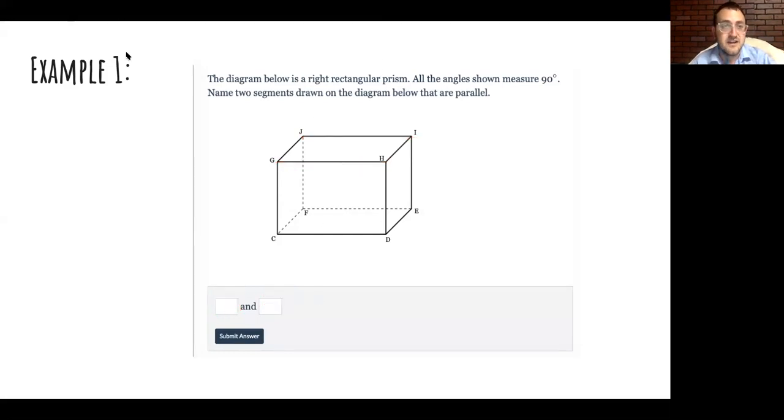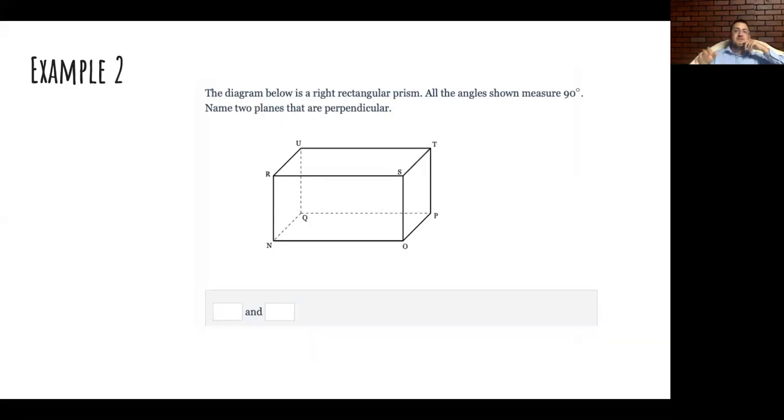All right, example 2. This is a right rectangular prism. All angles are measuring 90 degrees. Name two planes that are perpendicular to each other. Now remember, planes are named with 3 points. So let's do a little coloring here, just to visualize.